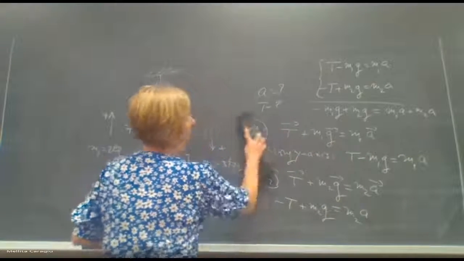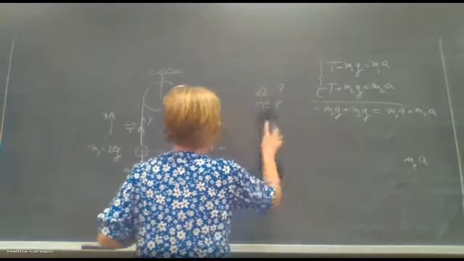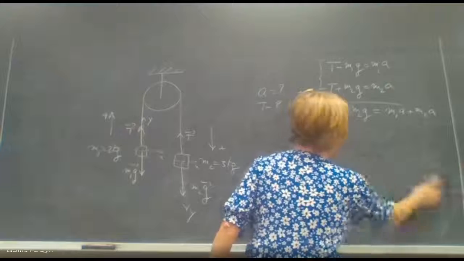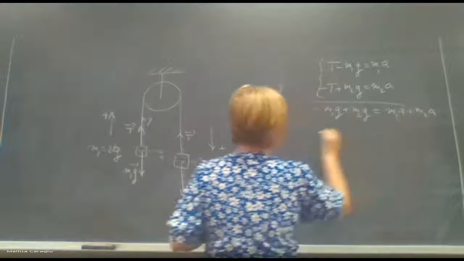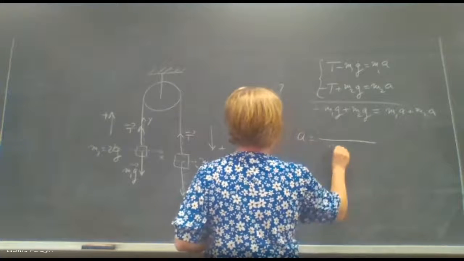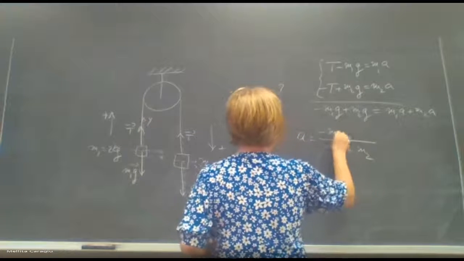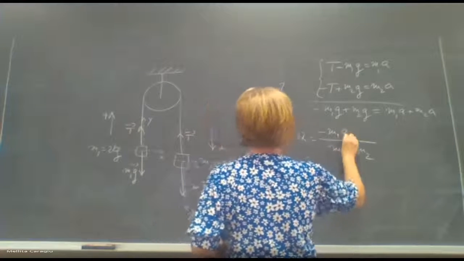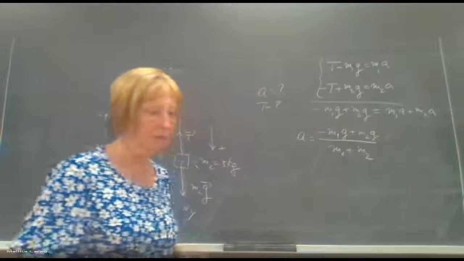And let me clean up. And this is how we first obtain the acceleration. So giving A as a common factor, A multiplies M1 plus M2, and then acceleration is minus M1G plus M2G divided by M1 plus M2.